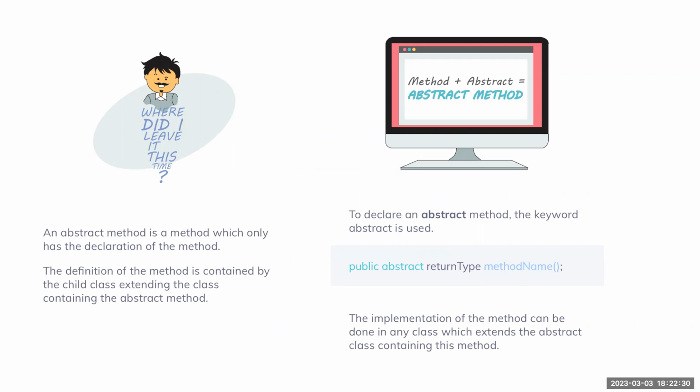So if you see below: public abstract, return type, and method name. The implementation of the method can be done in any of the classes which extend this abstract class.